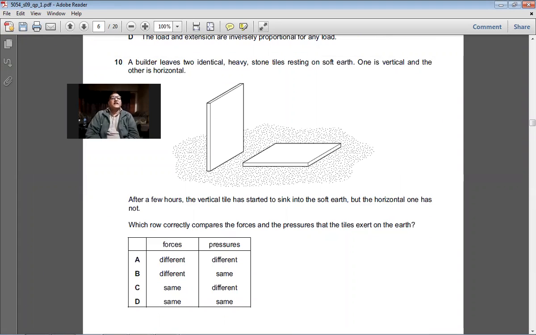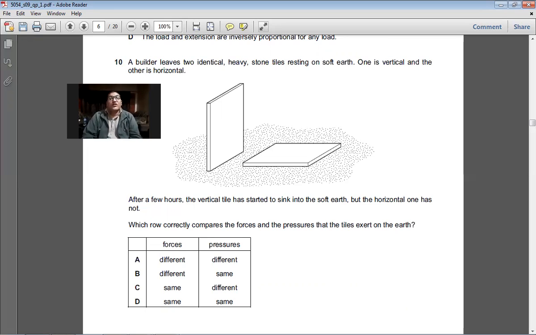A builder leaves two identical heavy stone tiles resting on soft earth. One is vertical and the other is horizontal. After a few hours, the vertical tile has started to sink into the soft earth, but the horizontal one has not.